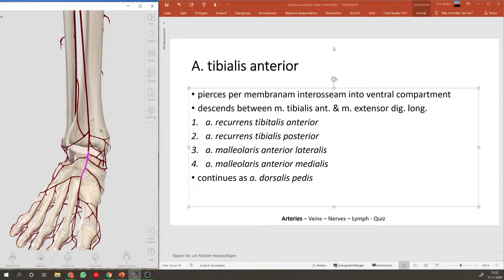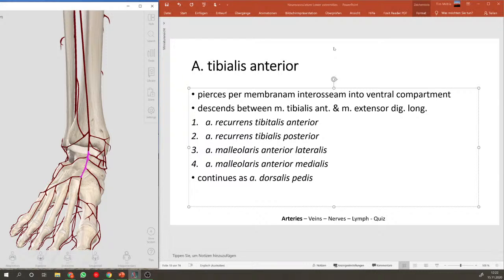And it will anastomose with this artery here. This is arteria arcuata. Arteria arcuata is a transverse artery that runs approximately over the Lisfranc joint, and connects both the dorsal artery of the foot together with the lateral tarsal artery. Now, arteria arcuata is also the origin of the dorsal metatarsal arteries.